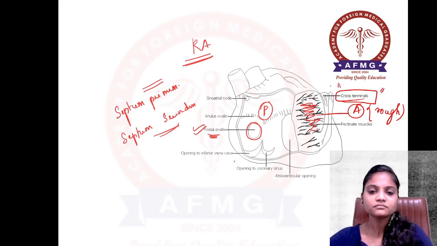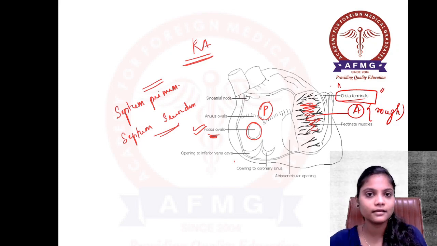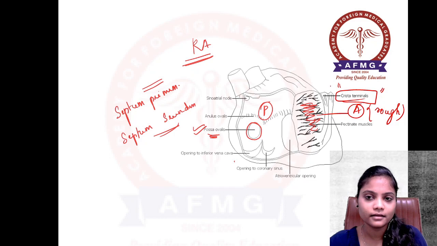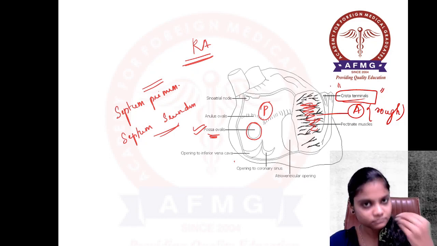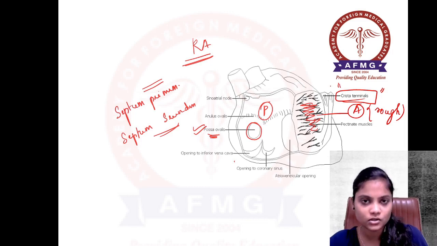We have seen some of the points where the septums are, where the parts of the sinus are, where the divisions are, and what the importance is in the atria, ventricles and all the parts on an embryological basis.